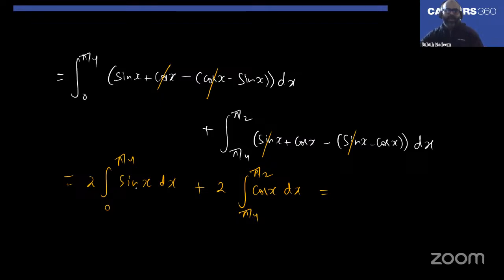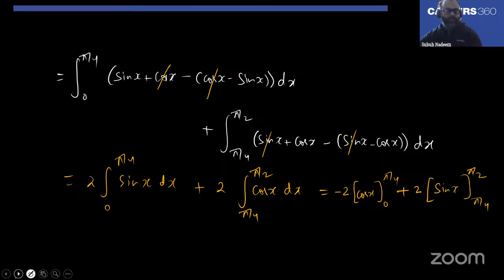Now what is the integral of sin x minus cos x? This will be minus 2 cos x from 0 to pi by 4, and plus 2, what is the integral of cos x? Sin x. So sin x from pi by 4 to pi by 2.